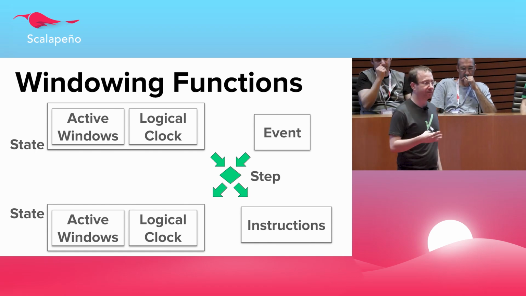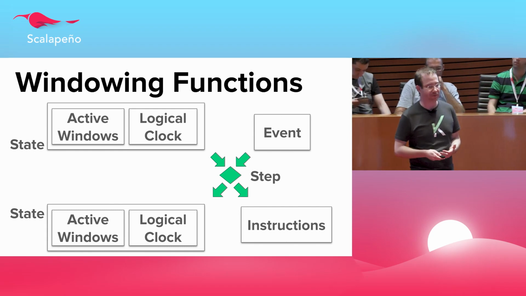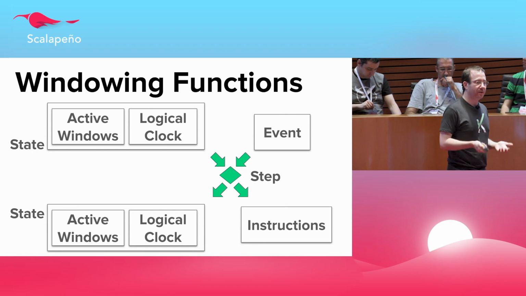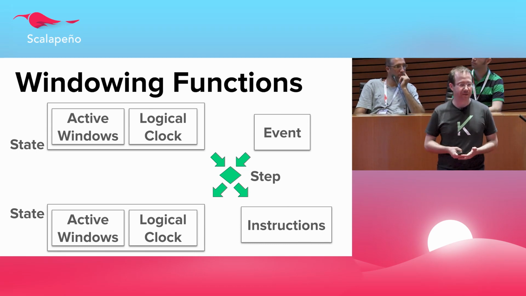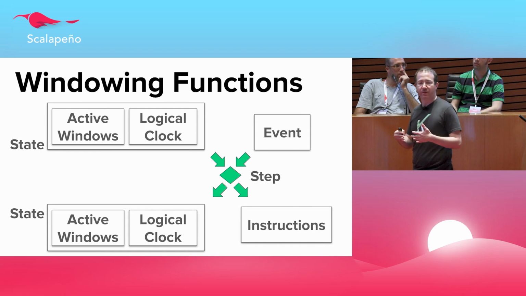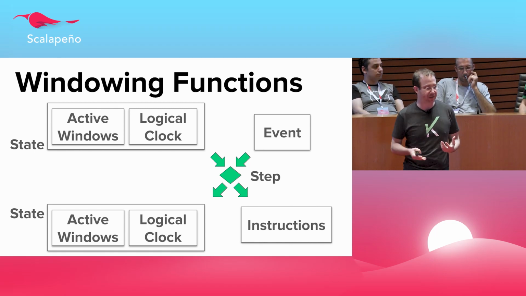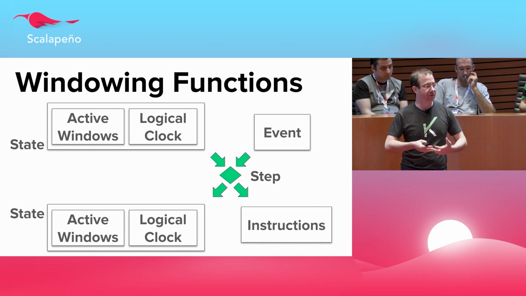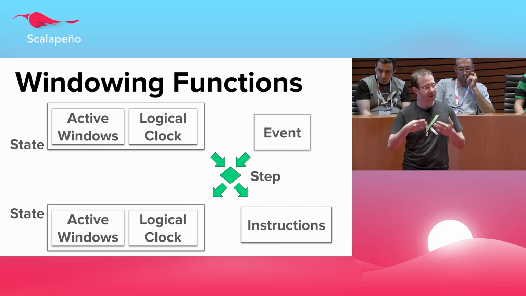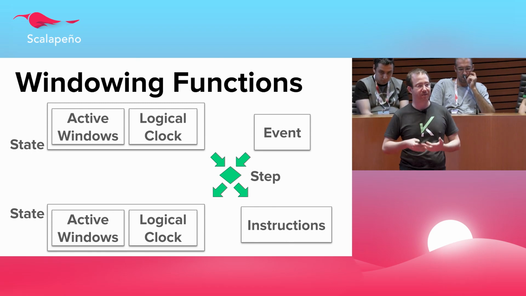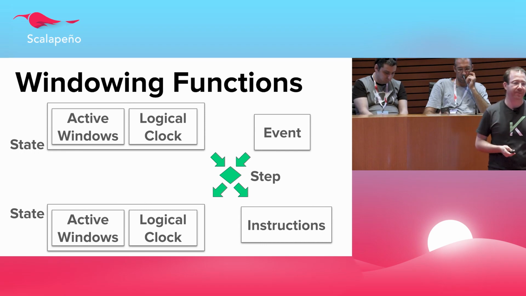This is basically how the API is exposed to the user. Internally, under the hood, this is based on immutable state. So each time an event arrives, we're going to look at some state that we have so far, that event, and then we're going to emit a modified state and a set of instructions for processing by the integration with the streaming library.